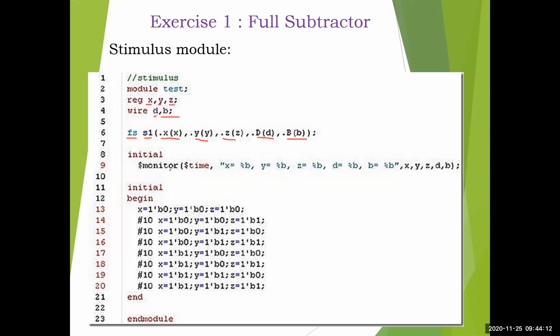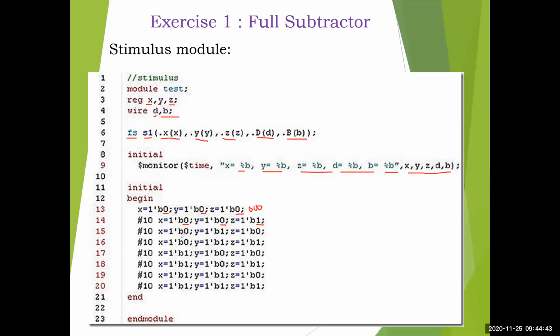Then an initial statement is written to monitor the final output: $time, x, y, z, and d and b are noted down. That is how it is written. Next we have to pass the values of the truth table, 000 to 111. So begin: initially we have taken the 000 combination. See here, this is the last bit you have to observe. So 000. Next, with a delay of 10 time units, we change the combination to 001.